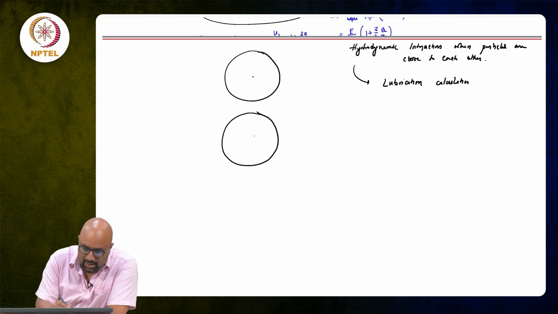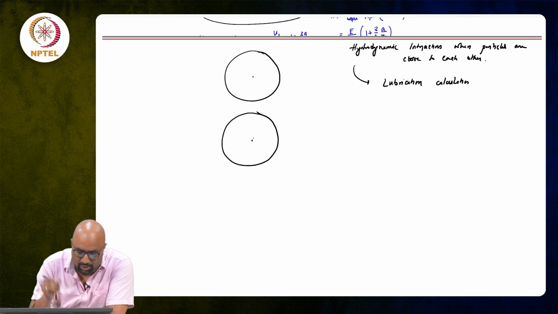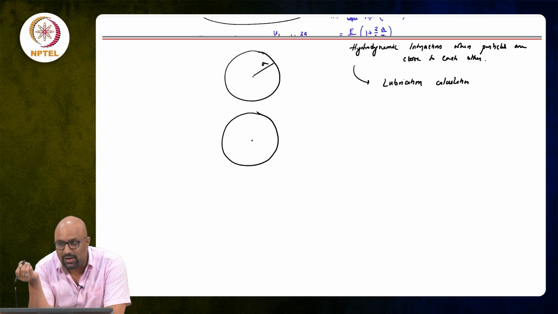where I have two spheres, and in the discussion today I am going to consider the two spheres to be identical in size and shape, and I will also consider them to be spherical. But nothing that I am going to say here is specific to equal size spheres. They can be taken to be spheres of different sizes, and in some scenarios can also be taken for particles that are not necessarily spherical.